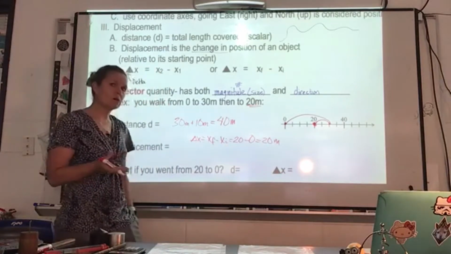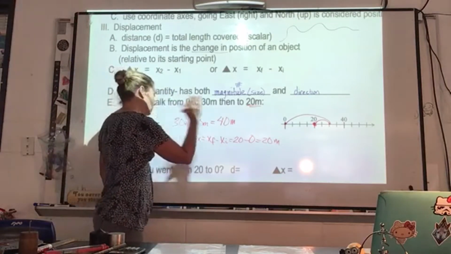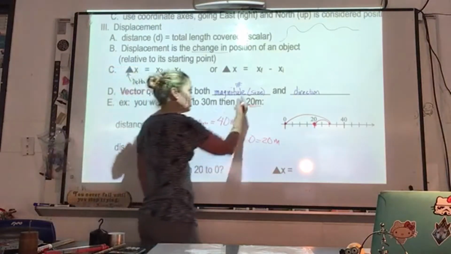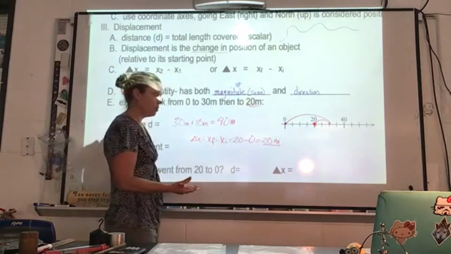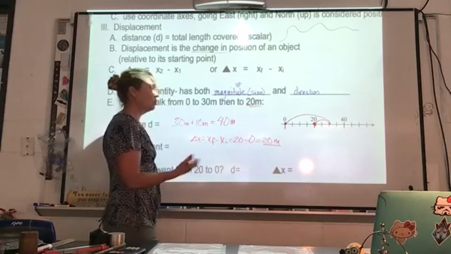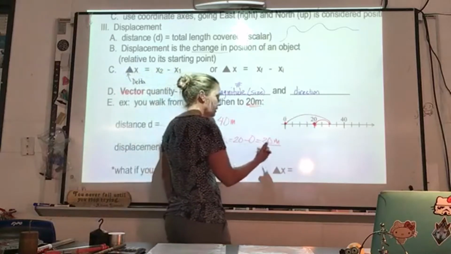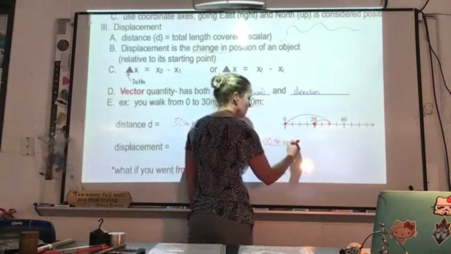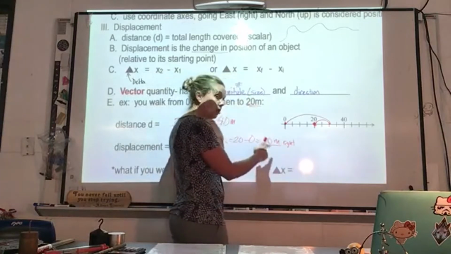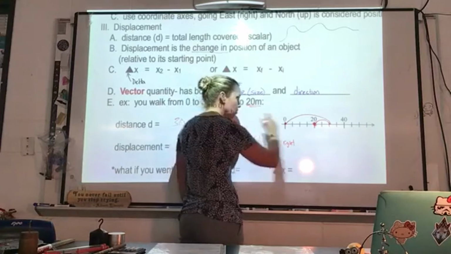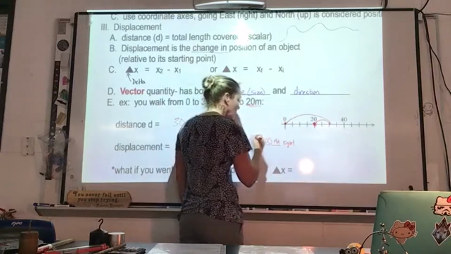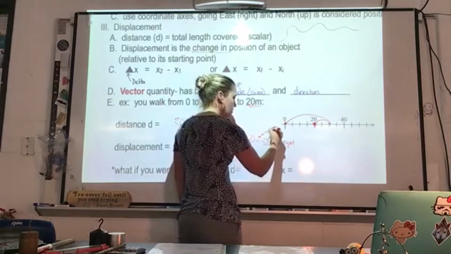And you go, well, Ms. Jones, you said that it can't be just a number. It has to have a direction. So based on my number line, I could say to the right. I also don't completely need a sign right now. If this was the only kind of movement and I knew that, this shows direction.